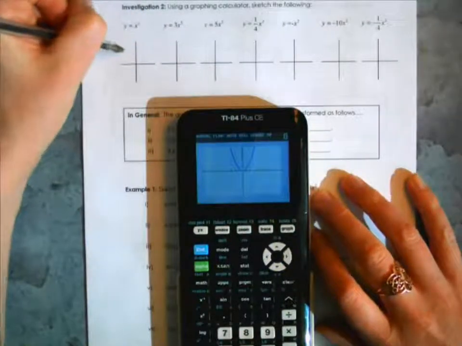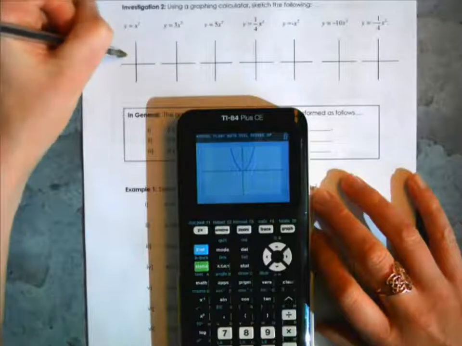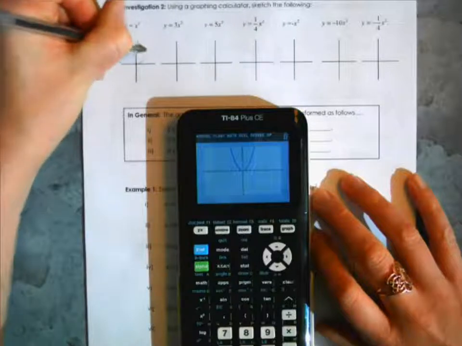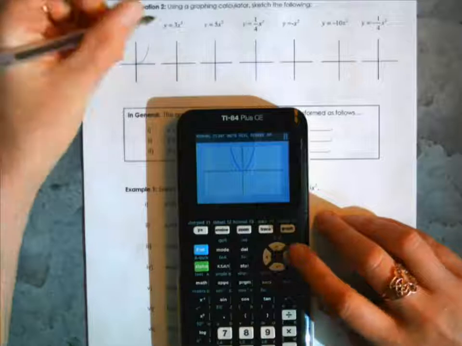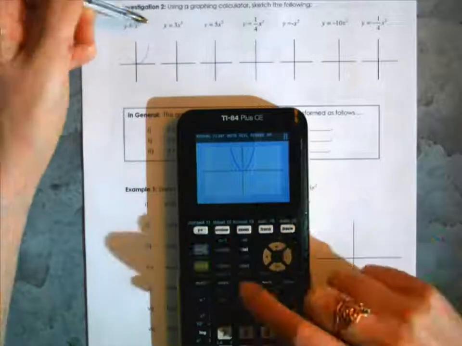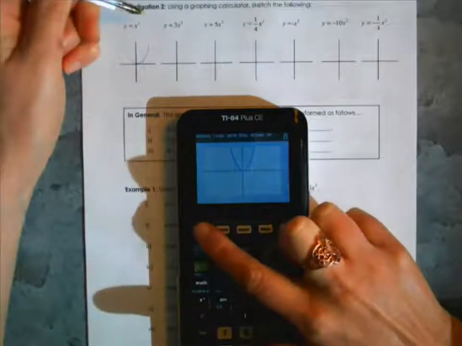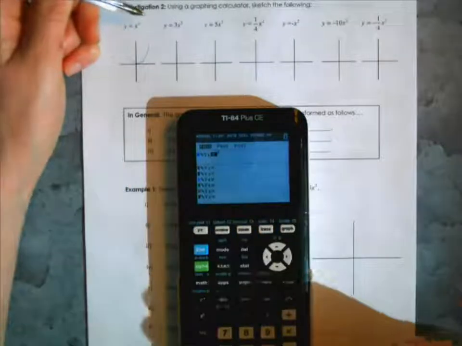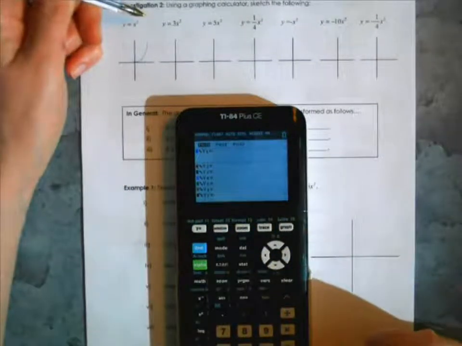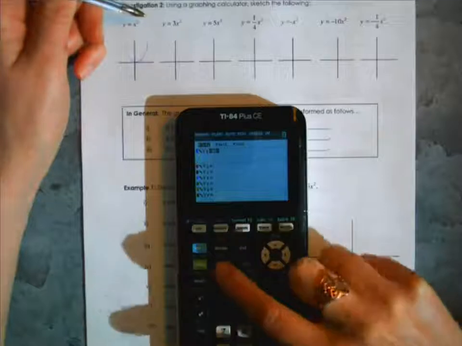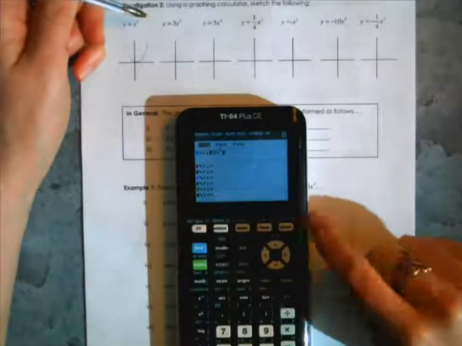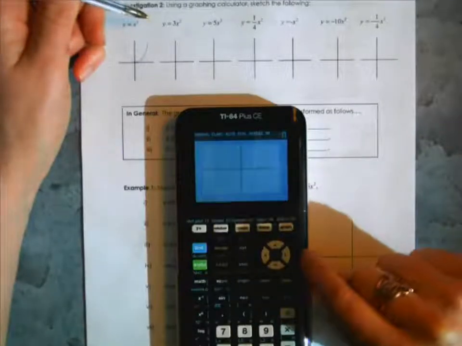So you can see that it's just this basic U shape, right? Now let's see how it changes if we say y equals 3x squared. So we go back to y equals and we clear it out and we can hit 3x squared, and then we can go to our graph.